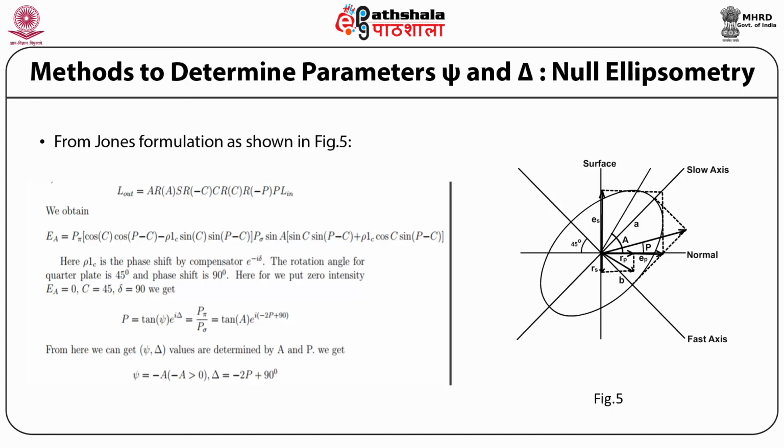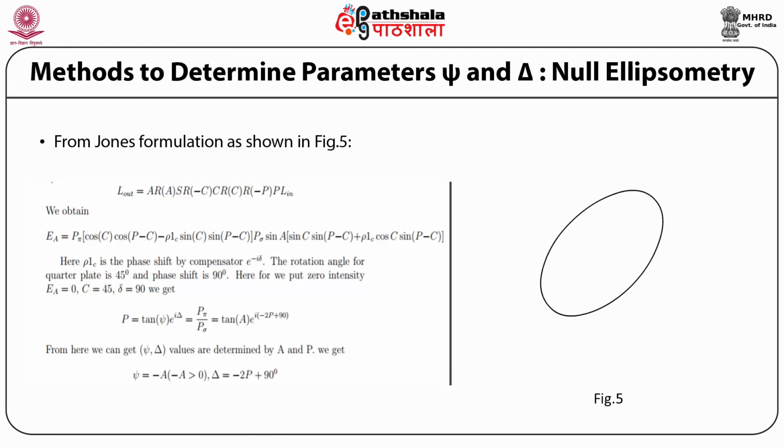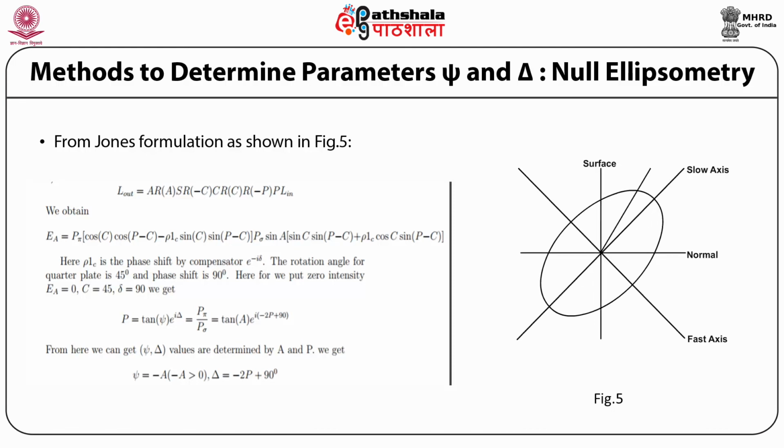We obtain E_A to be equal to P_π within the brackets cos C cos(P − C) minus ρ₁C sin C sin(P − C), bracket close, into P_σ sin A within the brackets sin C cos(P − C) plus ρ₁C cos C sin(P − C).